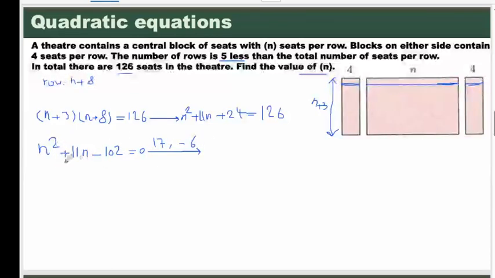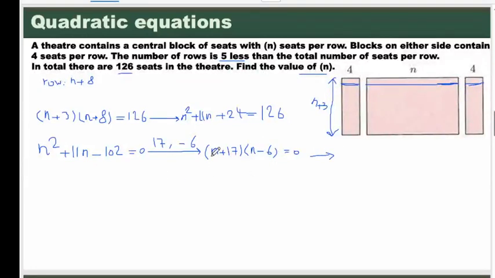So I write this expression in factored form, it would be n plus 17 times n minus 6 equals 0. The product of two terms equals 0, so at least one of them would be 0.